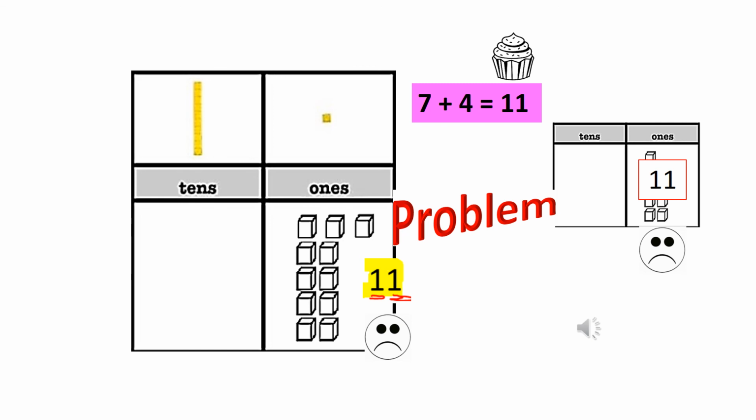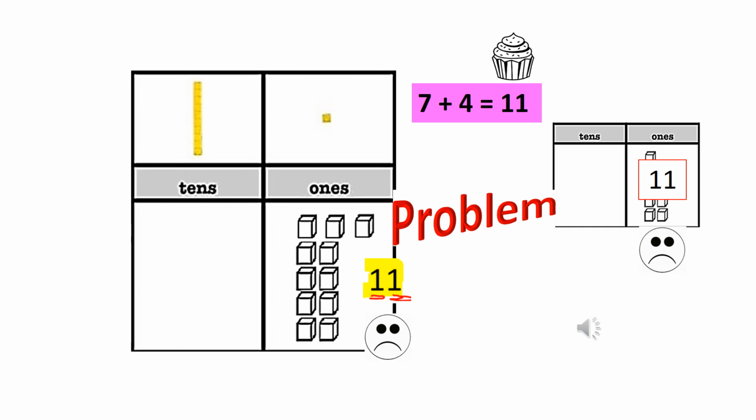But when I try to put them on the place value chart, I notice that if I put them all in the ones place, I have too many because I can only put up to 9 in the ones place.